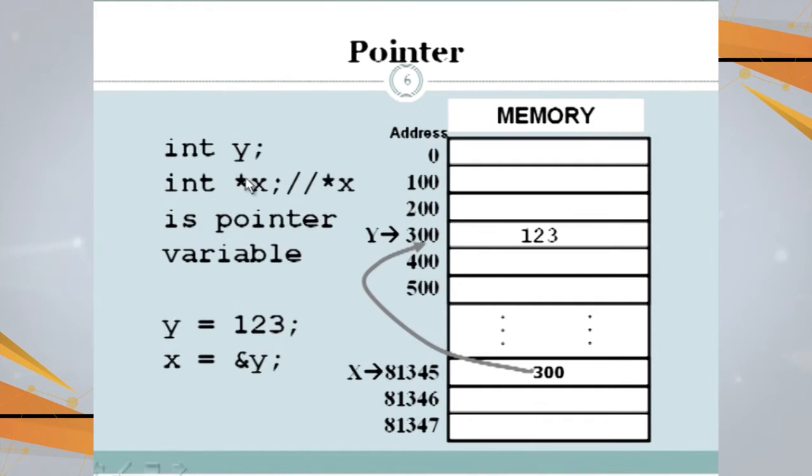In this example, we have declared a variable y of type int, then we declare a pointer variable int star x. You should remember that a pointer variable is declared with a star symbol. In this statement, star x is a pointer variable.